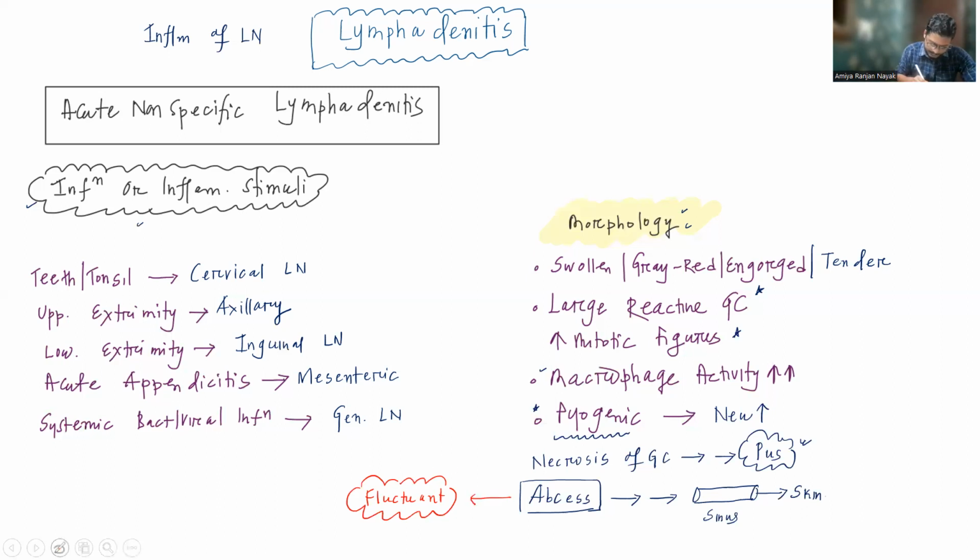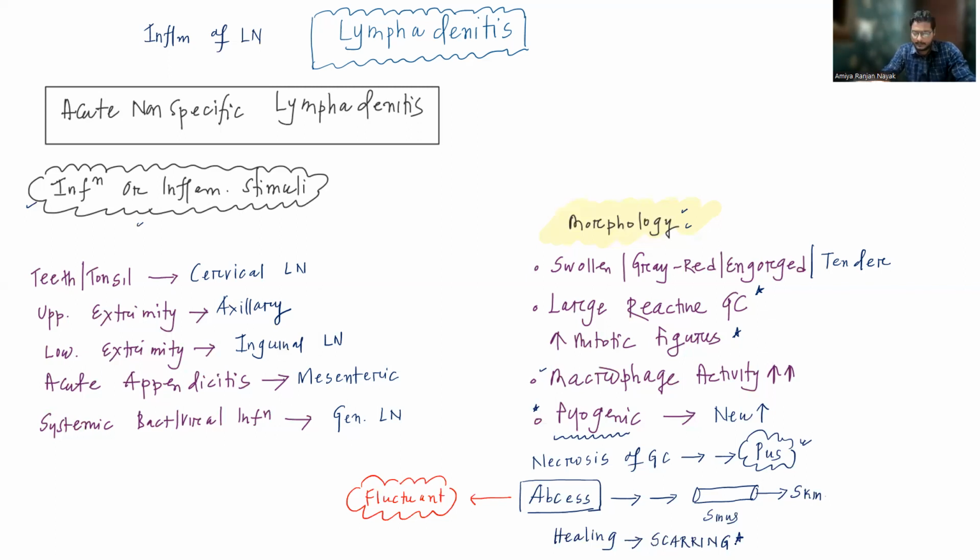Healing of the affected lymph node will happen with scarring. These are the basic concepts that you must have studied in the chapter of inflammation also.